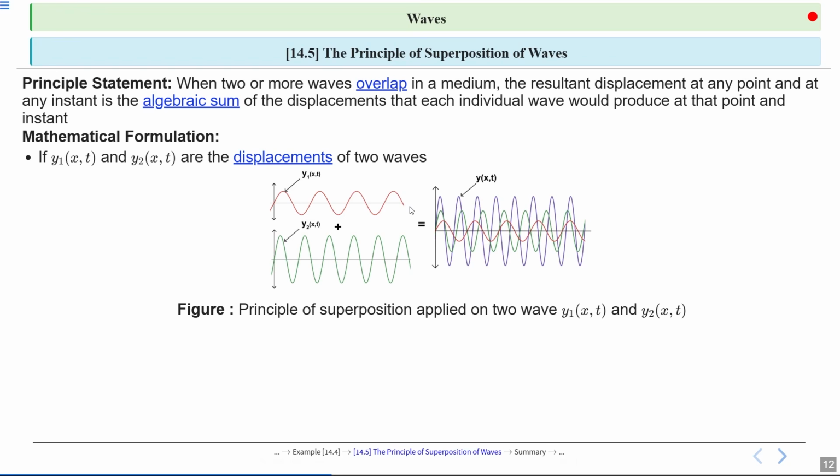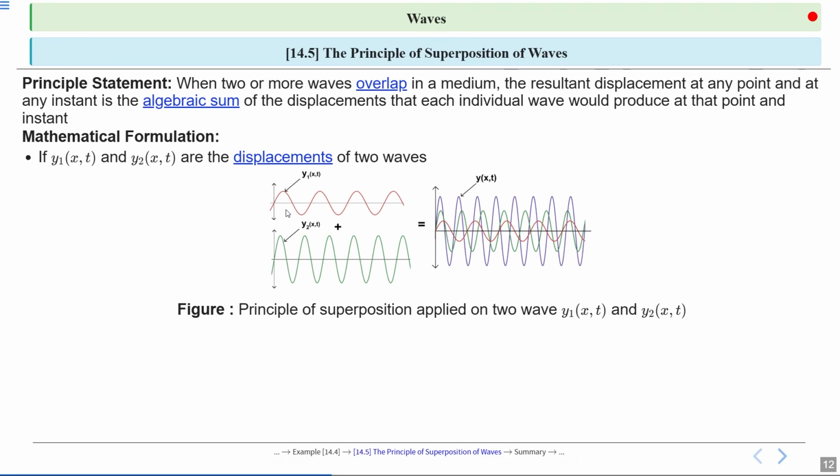The figure here shows two waves overlapping, and you can see how their shapes combine. Remember, displacement tells us how far a point in the medium moves from its rest position due to the wave.